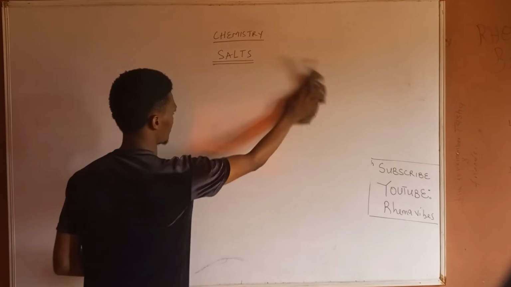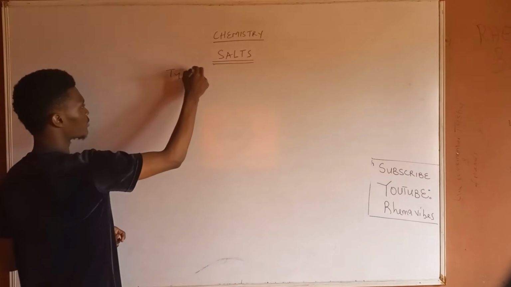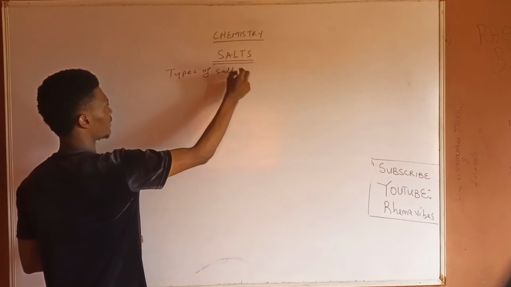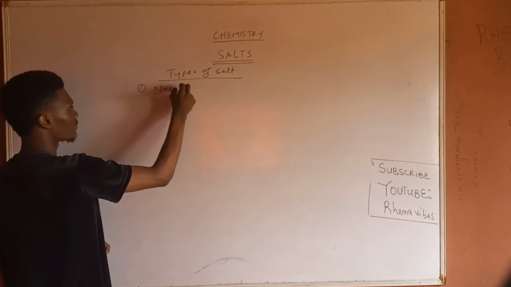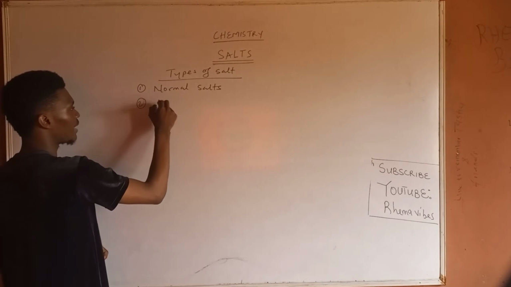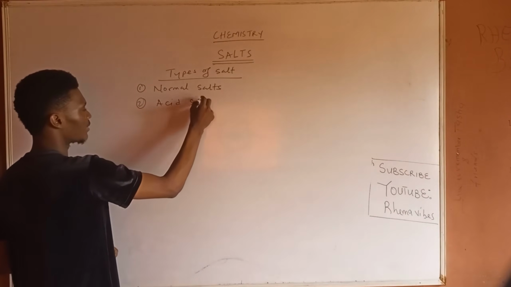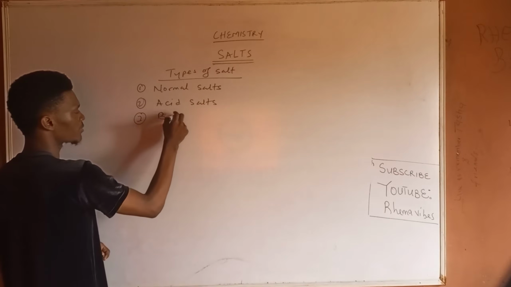We have different types of salt. The types of salt, there are about five. The first is normal salt, and we have the acid salt.